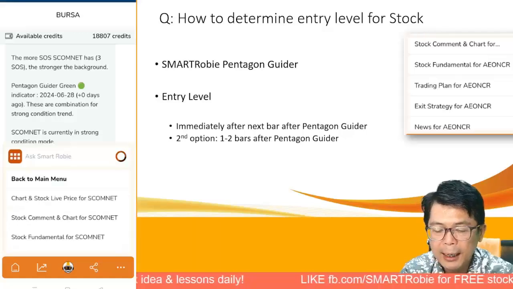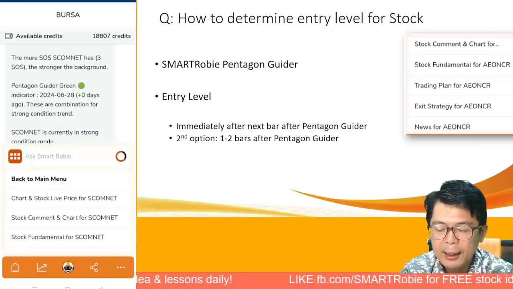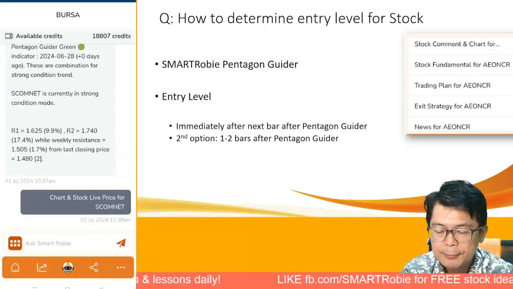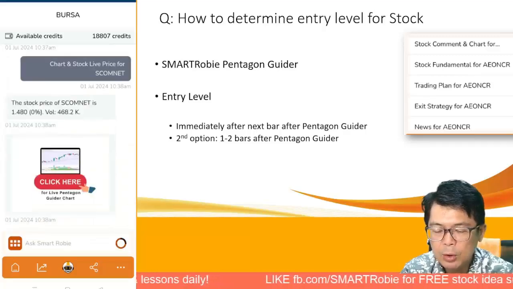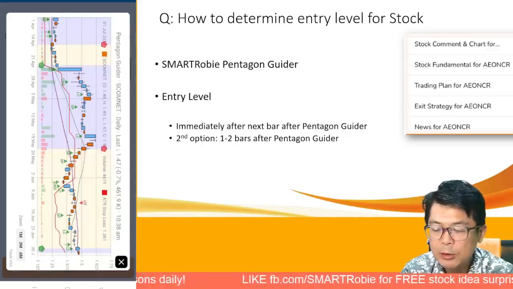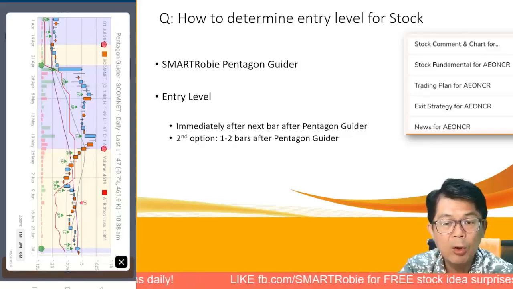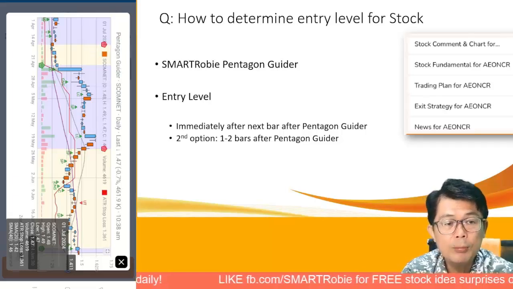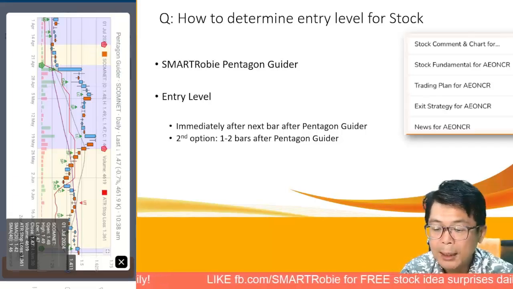Now the entry level. If you look back at the stock chart, just click on stock chart here, and price for SCOMNET, hit that chart here. Generally, we always talk about entry, which is this morning on the open price, or another option will be 1 or 2 bars after the green pentagon.